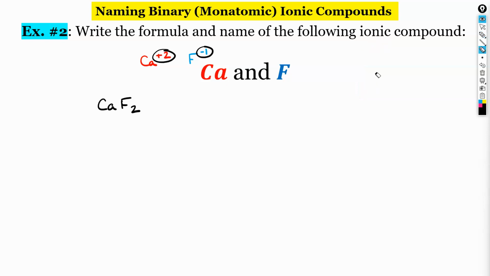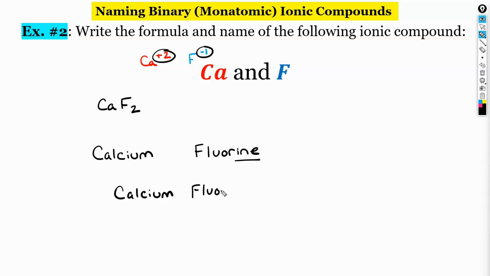Okay, and then when we go to name this, we have calcium, and then we have fluorine. Okay, instead of it being fluorine, we're going to change the ending to fluoride. So it'll be calcium fluoride. Okay, so again, we change the ending to IDE.